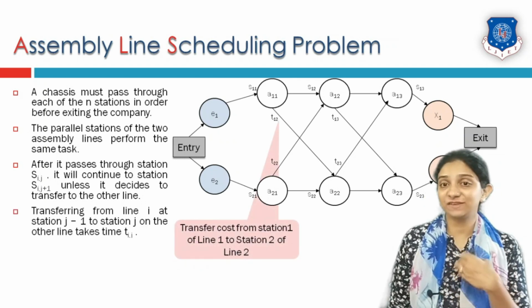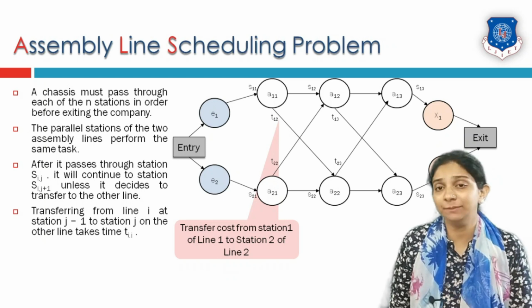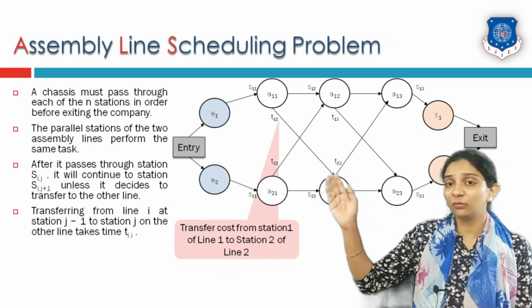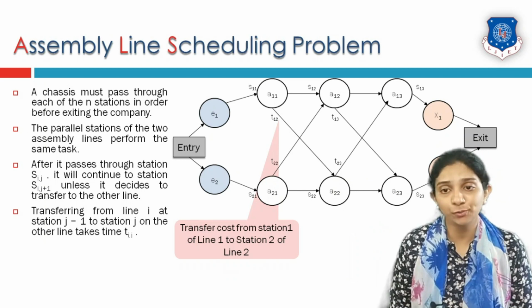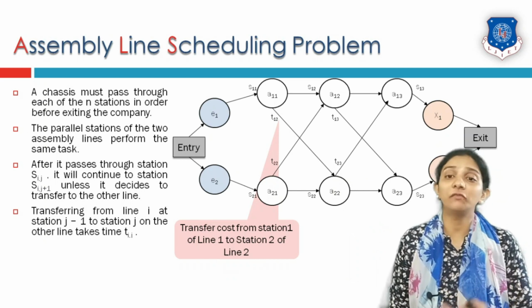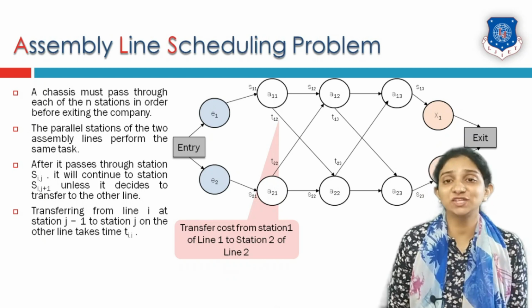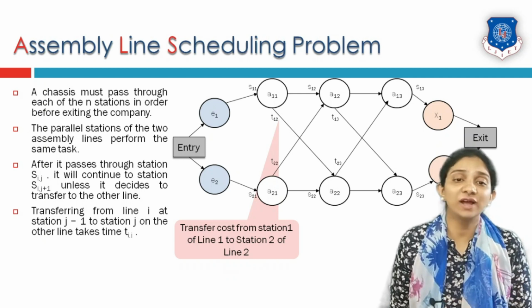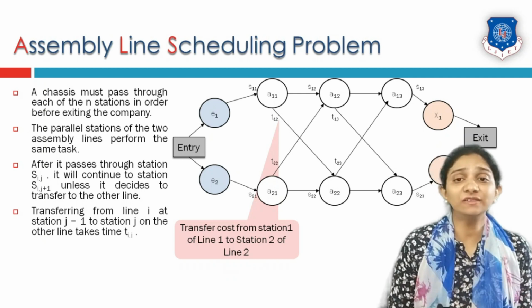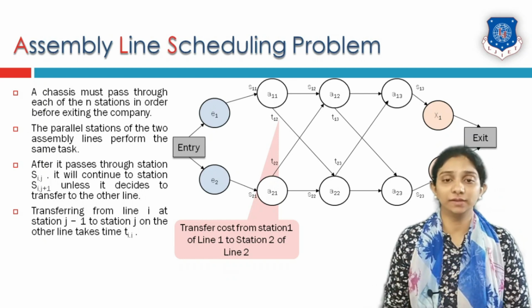But if that station is not free, or if that next station is taking too much time, then a car from station 1, 1 can go to station 2, 2, the second station of the other line, line number 2. If the line is changed from one station to another, we have some transfer cost to transfer a car from one line to another line.